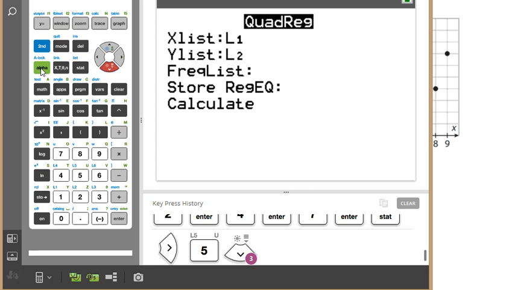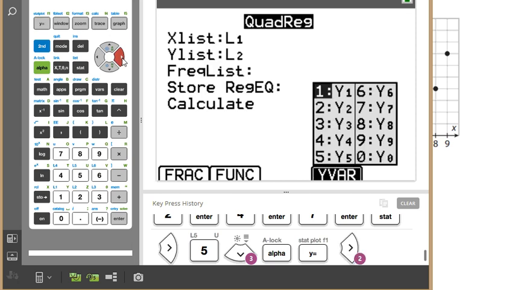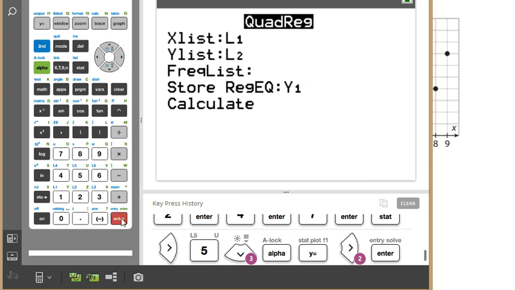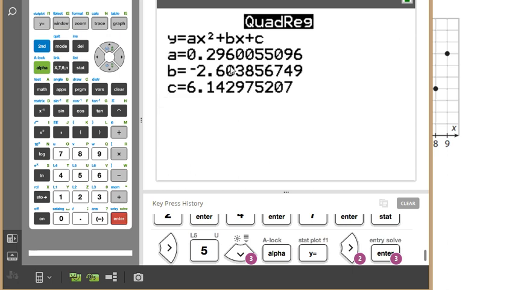To do that, we're going to press alpha, Y equals, and then arrow to the right twice. And then we enter where we want the equation to go in place. Well, we have Y1 highlighted. Press enter. And so we're going to store the equation that we calculate in Y1 in our function editor. Press enter, and enter one last time. And there it is.